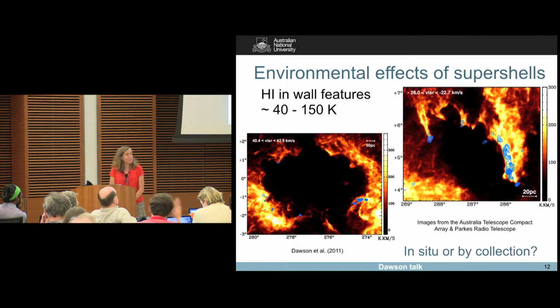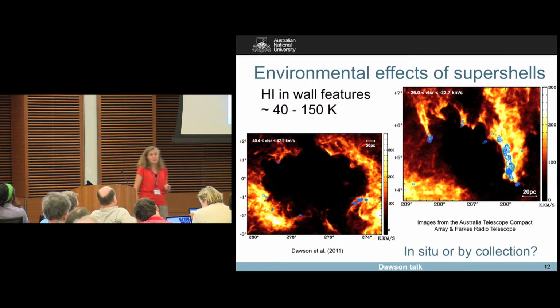So there are some examples of that. This will be covered extensively in Joe Dawson's talk tomorrow. But you see here, these blue clouds are CO clouds forming along the edges of these supershells that we observe in H1. The H1, furthermore, has very cold, narrow line widths.